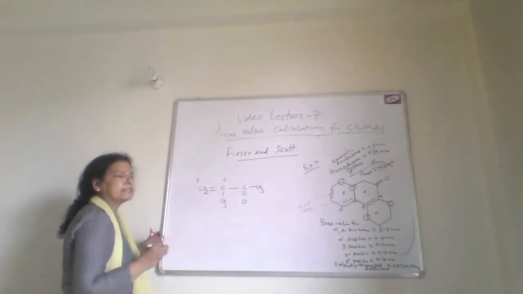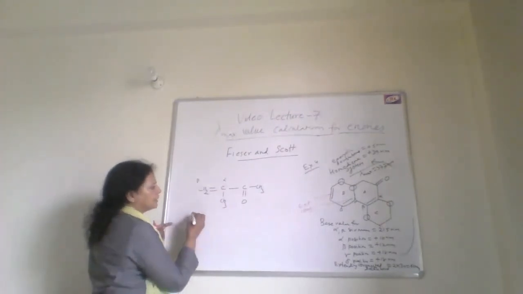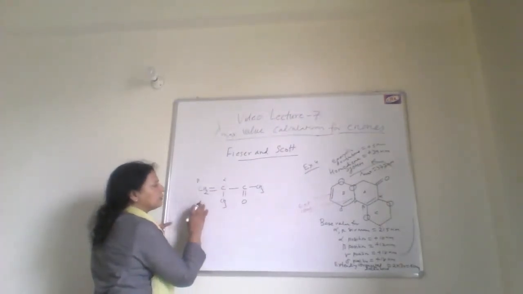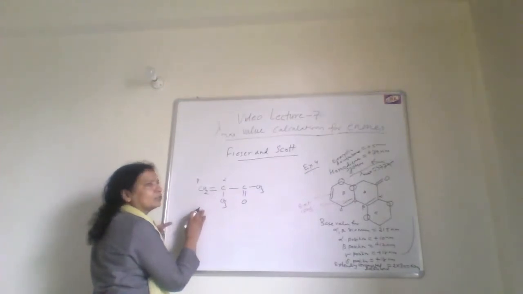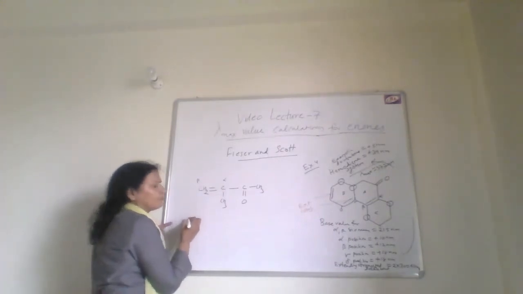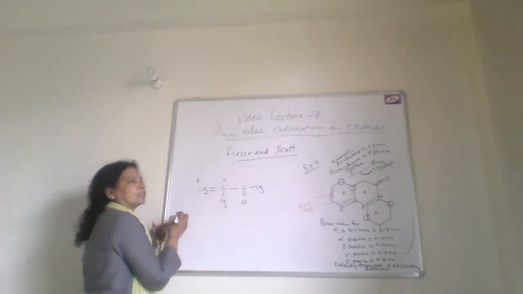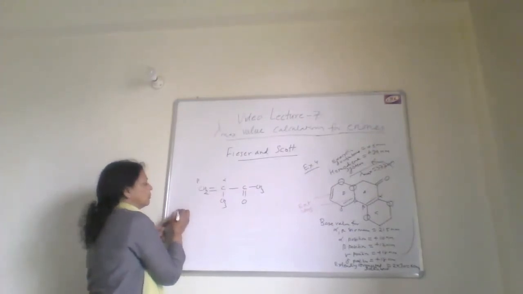This is again an acyclic alpha, beta unsaturated group, and if the lambda max value of this molecule is mentioned as carried out in chloroform solvent, we have to give the solvent correction value also. For chloroform, the solvent correction value is plus 1 nanometer.